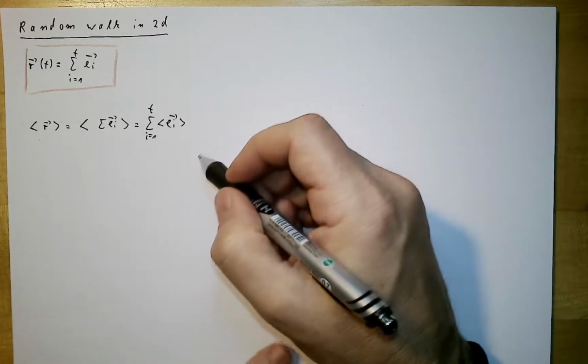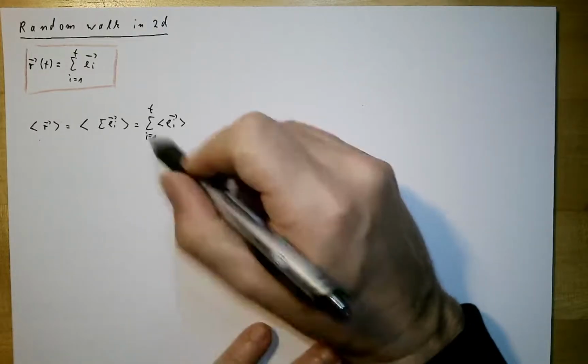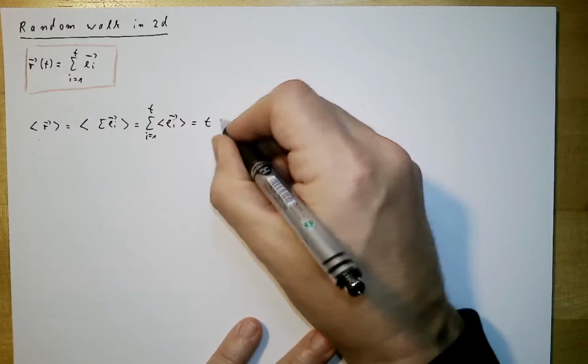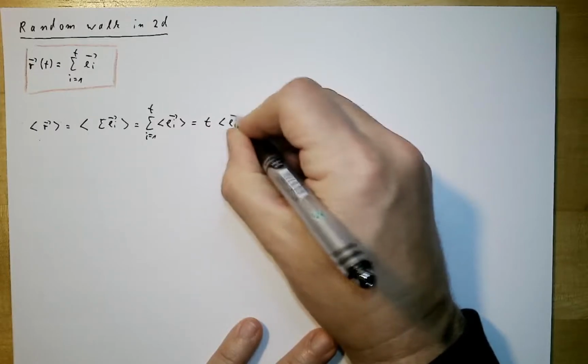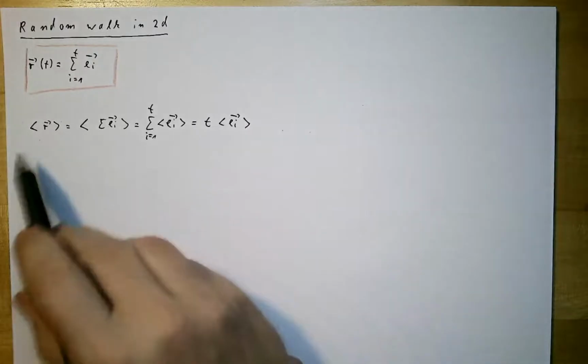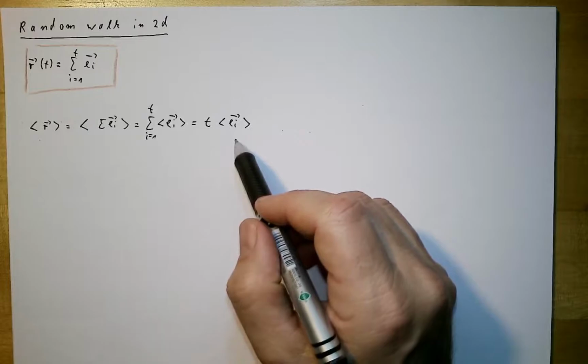And now if we assume we have a stationary process, this expectation does not depend on time anymore, and then we have t times the expectation of the increment. So we have basically the same formula as before.